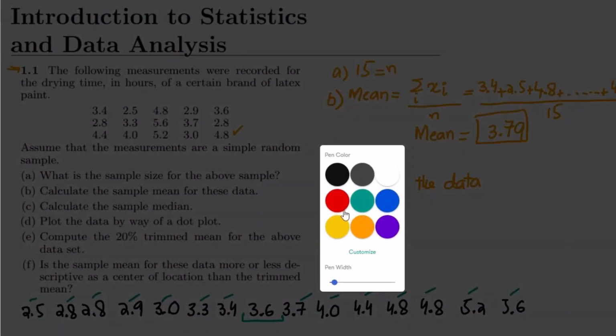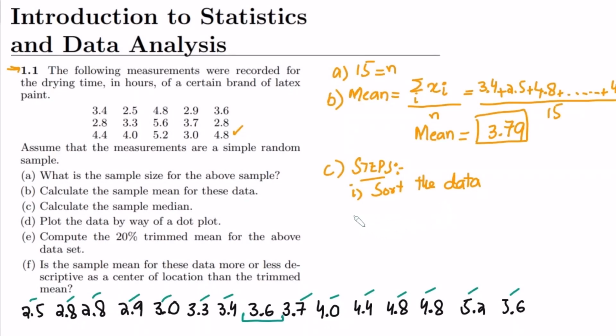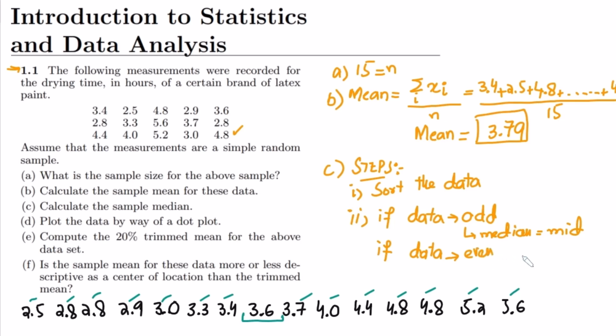So after sorting the data, if the number of data points is odd, then the median will be the middle number. Similarly, in the other case, if the number of data points is even, what do we have to do?